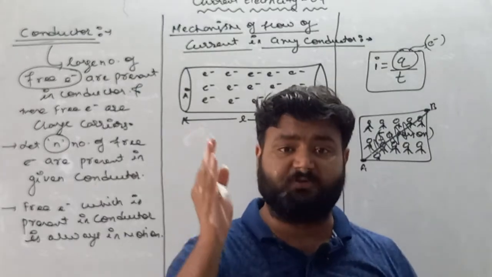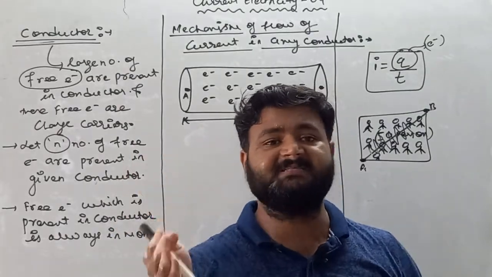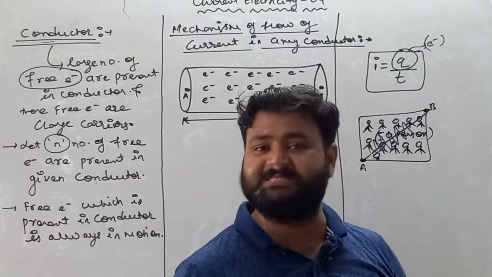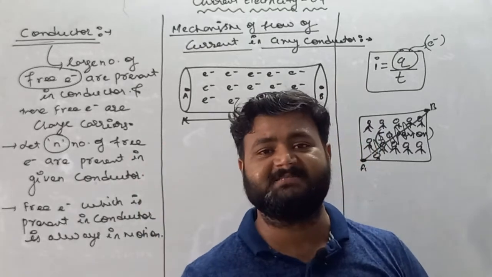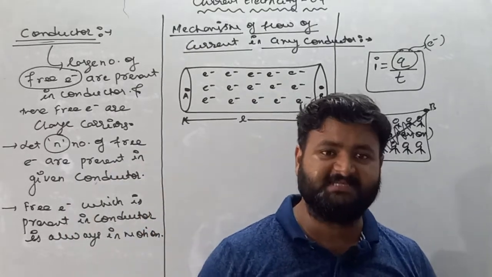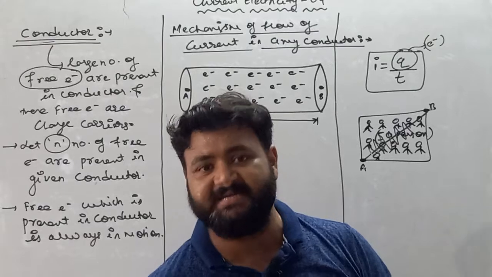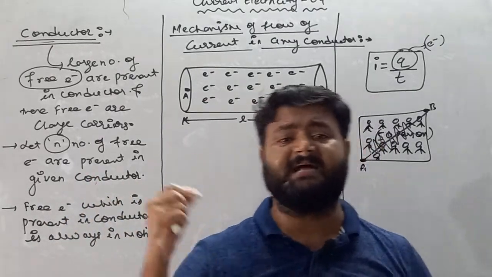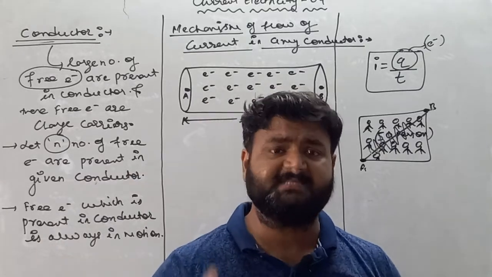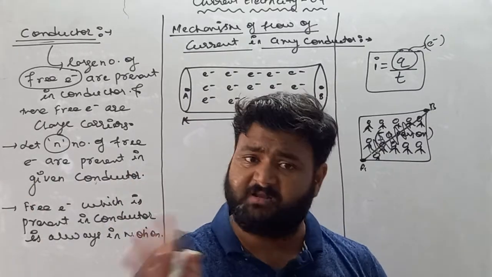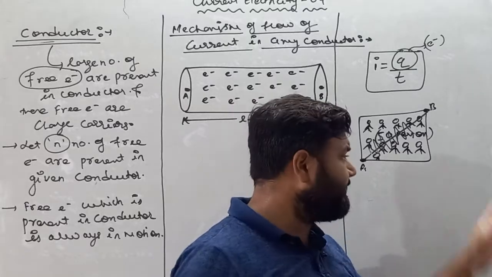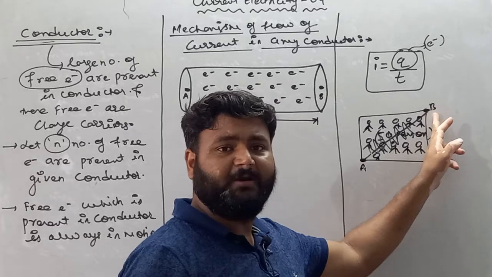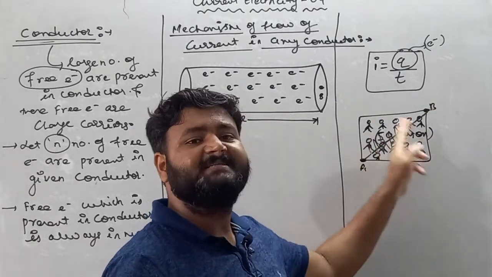My motion is always zigzag because I make a number of collisions with different persons, and if collision takes place, then energy loss is there. Energy means kinetic energy, and if kinetic energy is changing, then we must say that velocity is changing, because kinetic energy depends on velocity. So remember, in an overcrowded room, we never go straight from point A to point B. Our motion is always zigzag.